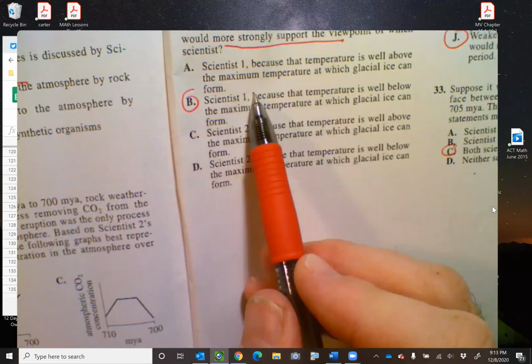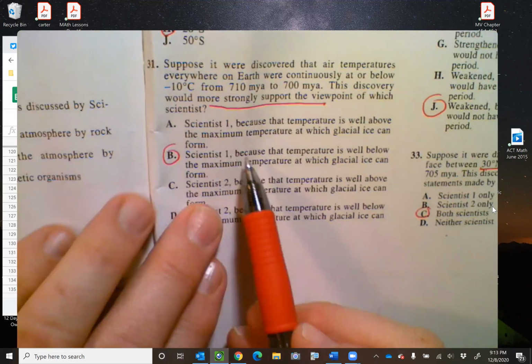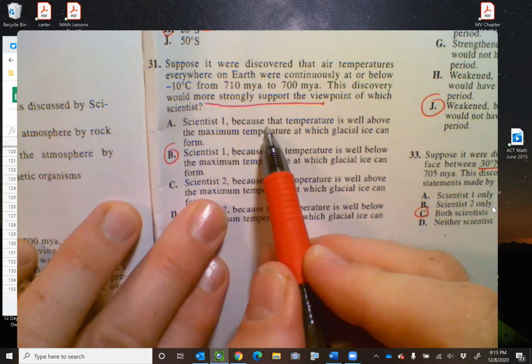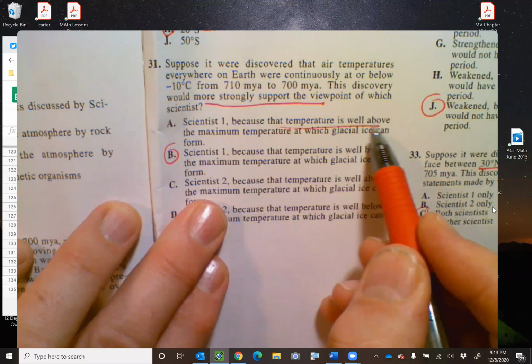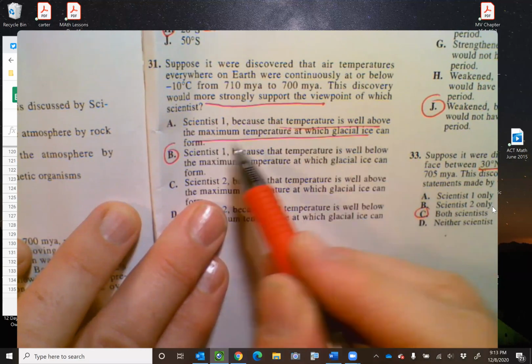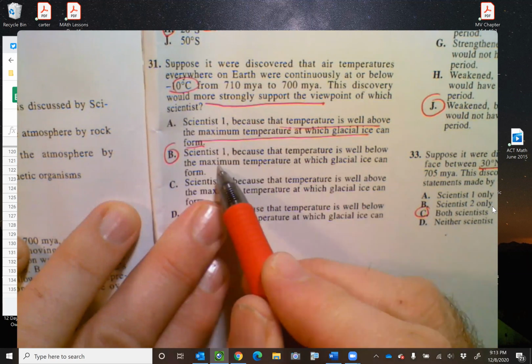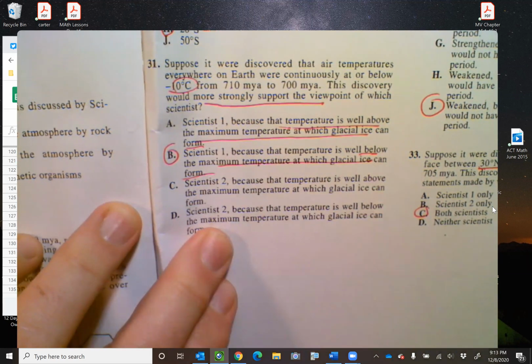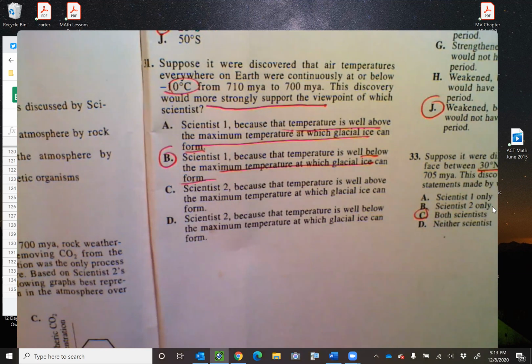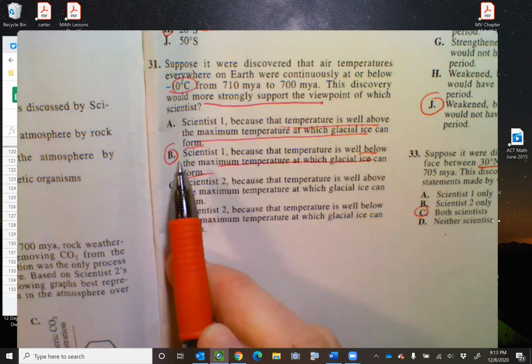So it's going to support Scientist 1, but which piece here? Well, this one says the temperature is well above the maximum temperature at which glacial ice can form. No. -10 degrees is below the temperature at which ice will form, right? Because ice forms at like 0 degrees. So it would be letter B.